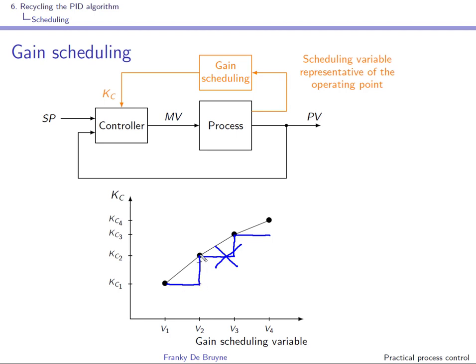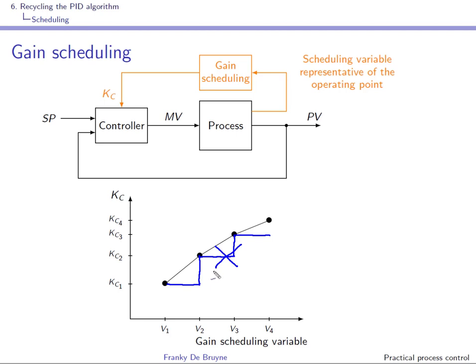This is forbidden because here you have a discontinuity in the gain. So when you adapt and you're in a situation where the control error is non-zero, this is going to lead to jumps in MV, right? And this is because the proportional action is leading to an immediate change when there is an error if you change the controller gain.